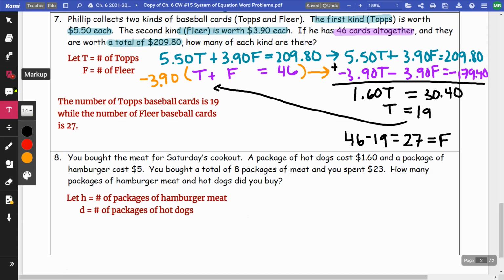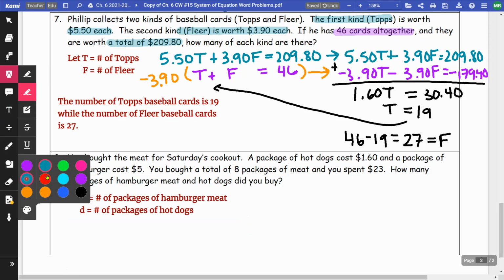Now for my first equation, we have the hot dogs cost $1.60, hamburger cost $5. We spent $23 total.